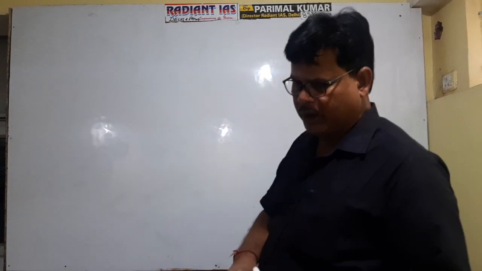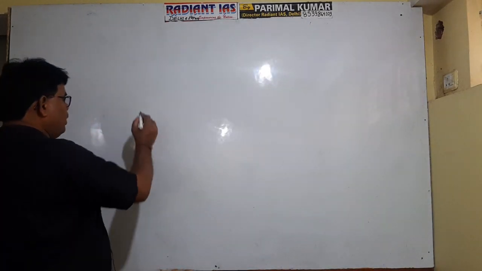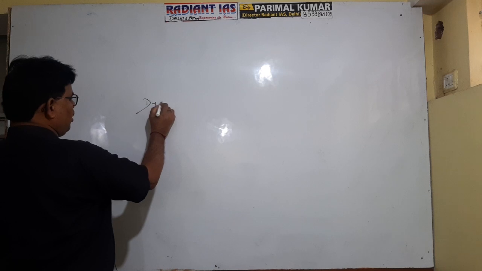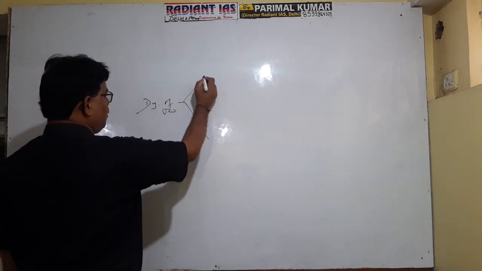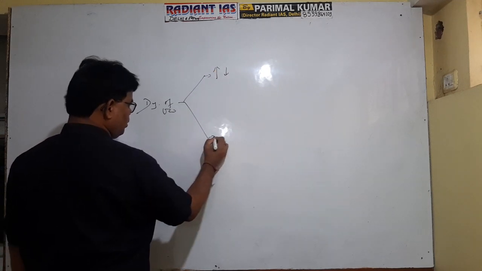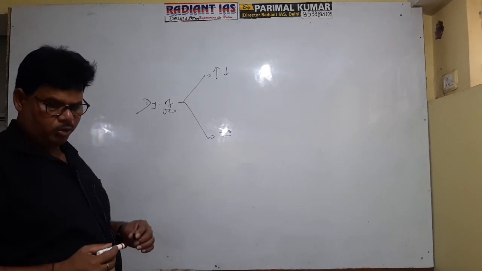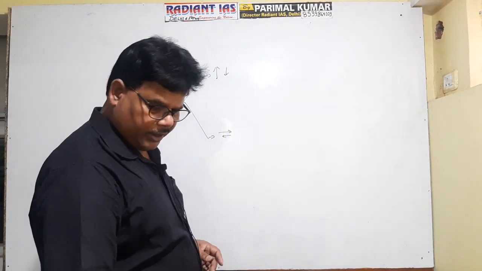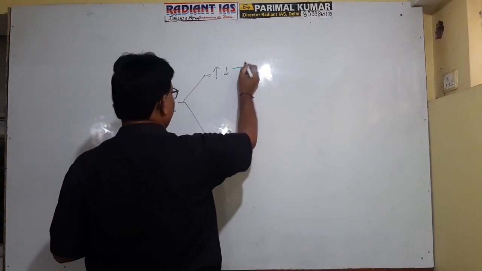In terms of dynamism of oceanic water, there are two types: vertical dynamism and horizontal dynamism. Vertical movement or horizontal movement. Particularly in vertical movement we have two components.